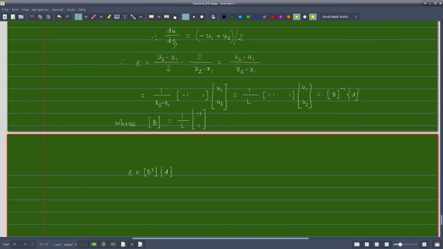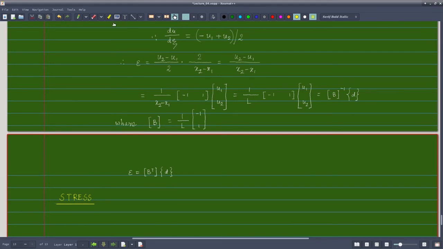So stress, you remember that our basic objective in finite element formulation is we want to express all the quantities whatever possible in terms of my nodal displacements. That's why we are doing all these transformations.